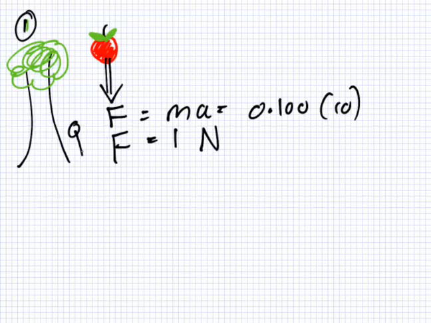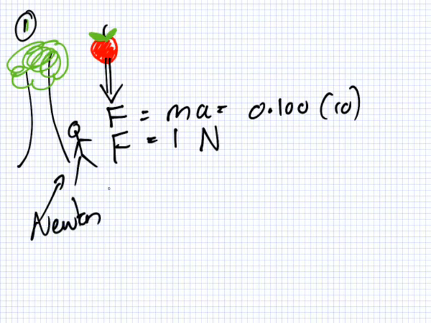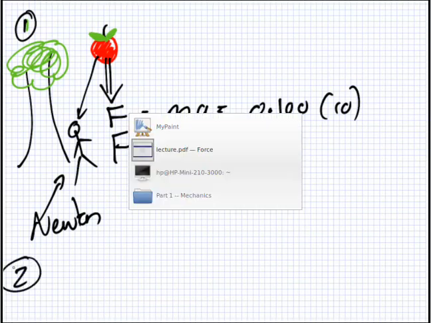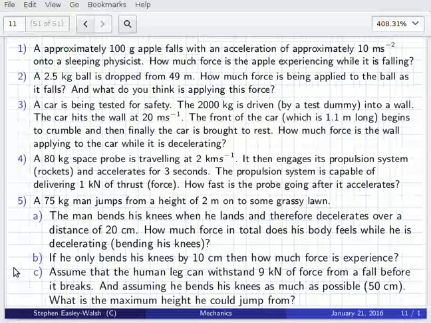Bigger than the tree. Is it Newton? Yeah, this is my joke. This is supposed to be Newton. And the apple hit his head with 1 Newton of force. It's my joke. Yes, I know. Oh, great. Like last time. And you didn't think it was funny last time either. Yes. Okay. Fine. All right.